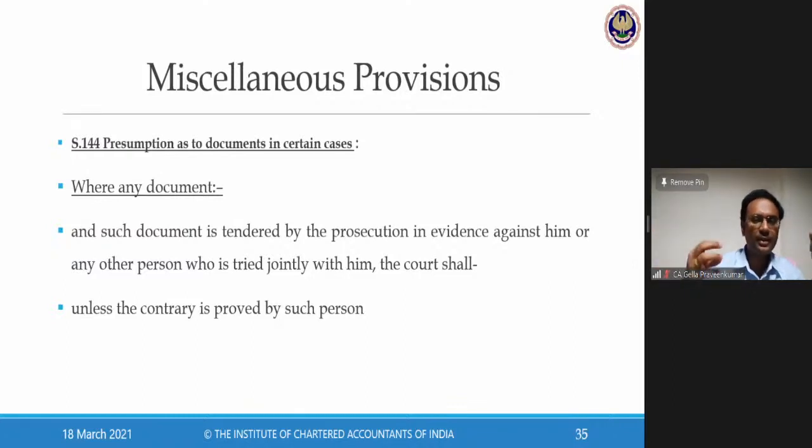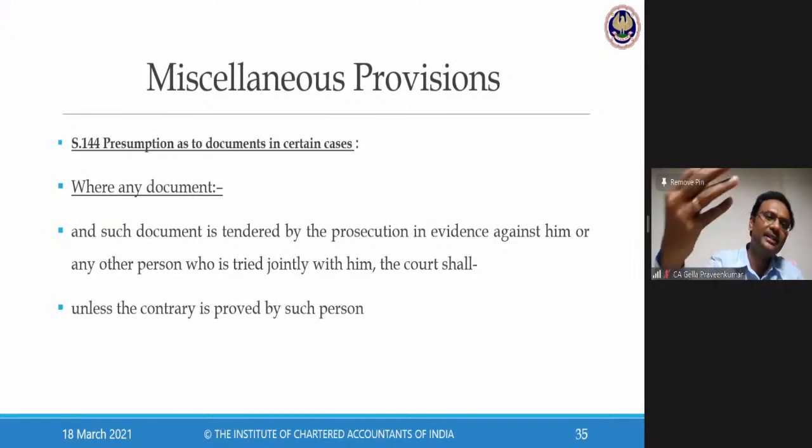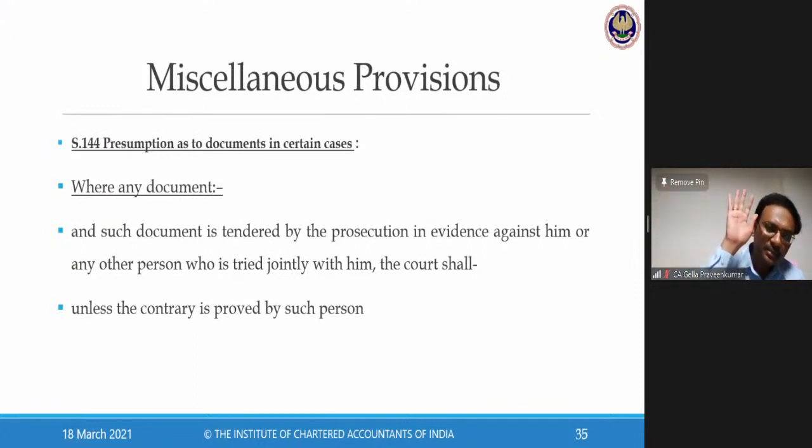Whenever there is a scrutiny notice, whenever there is a notice sent by the department, when some statement is given to the department, verify utmost the genuineness, correctness, and facts of that statement. Reason: if that statement is collected, it can prove to be evidence against you in any prosecution-related proceedings under this law or any other law for the time being in force, unless the contrary is proved by that person, that no, these documents do not belong to me.